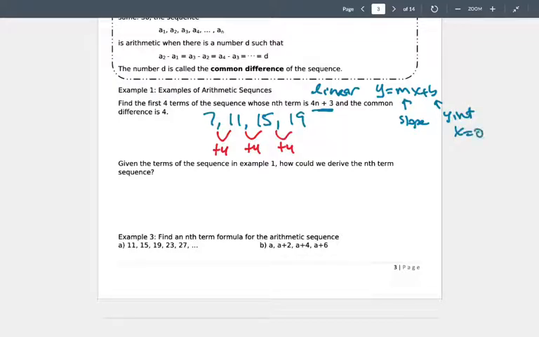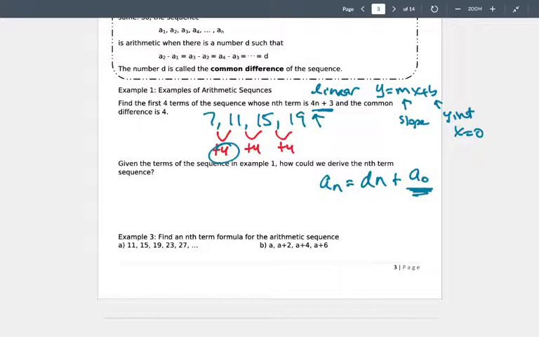So we're doing the same thing when we're doing arithmetic sequences. That common difference that we just talked about, this 4 right here, is going to be the slope. So when you write the formula, you have a sub n, that's to get any term. You're going to do your common difference times the term number, and then you add that to your y-intercept technically, which would be your 0th term.